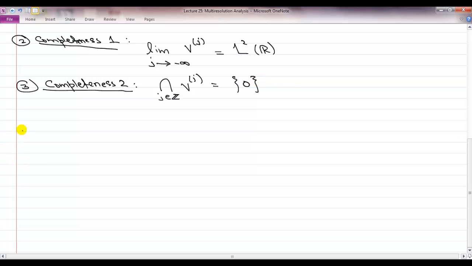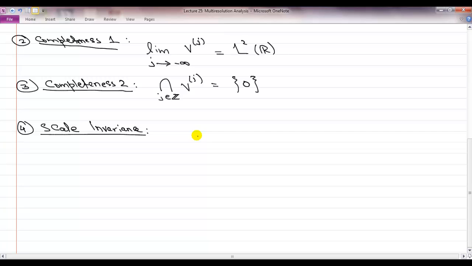Now all of these are required conditions, but are more to make this multi-resolution work. A more interesting condition is scale invariance. Scale invariance is really the Russian doll analogy. In general, if I don't give you the condition of scale invariance, you can have subspaces which are contained within each other, but they don't satisfy the Russian doll analogy in the sense that they don't necessarily have the same shape.